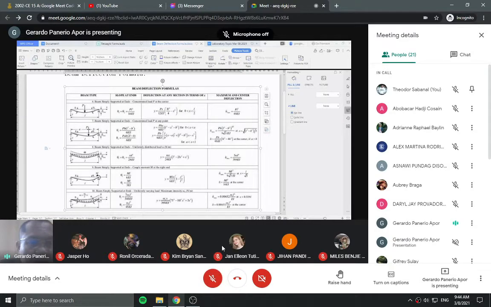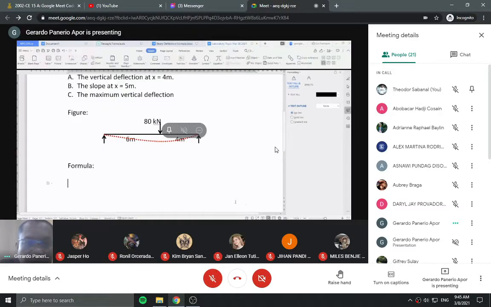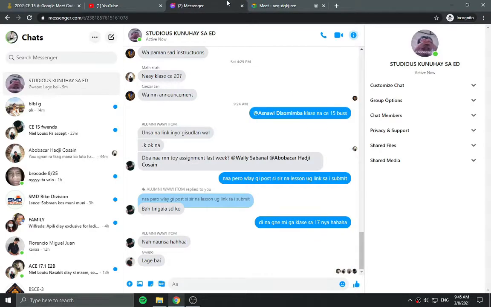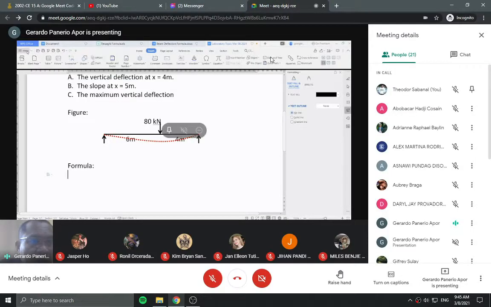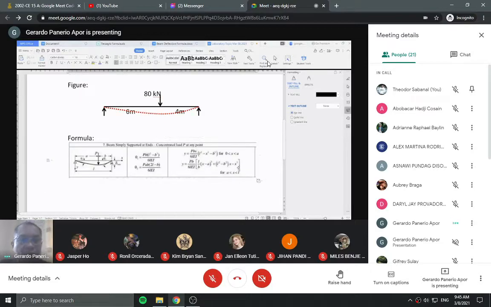So, may formula tayo dito. If I am going to use a formula, I will use this. I will paste that. Okay, so, I can use this, no?